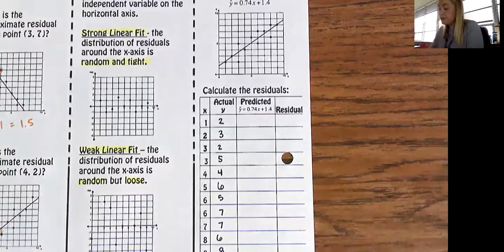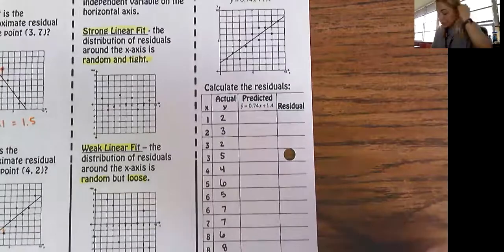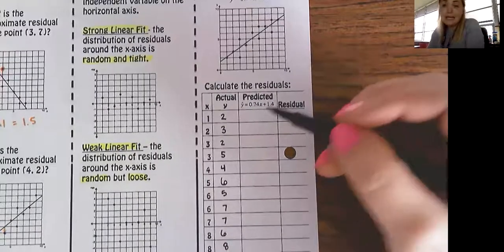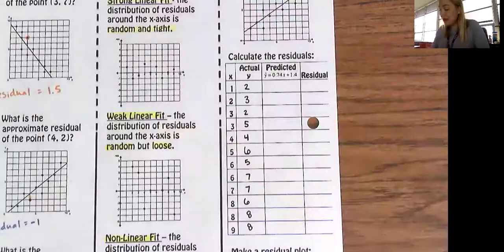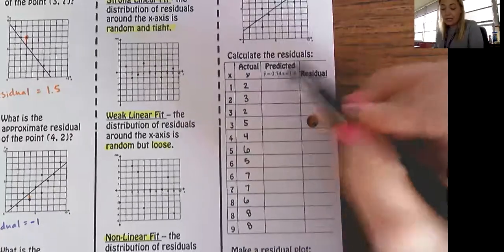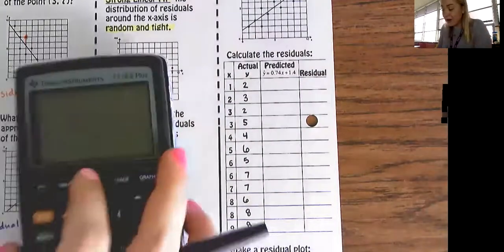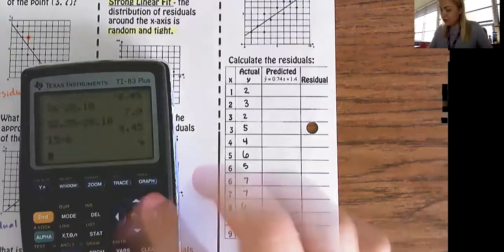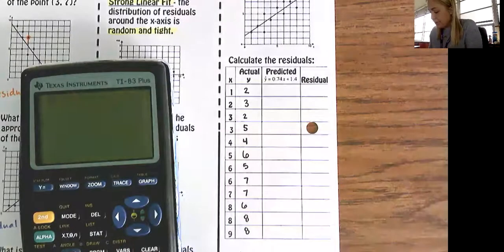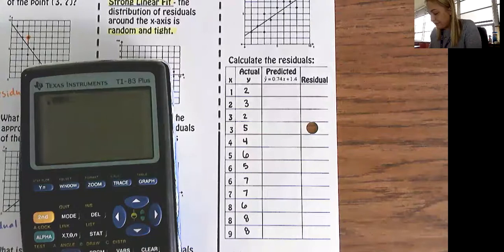Okay, so you should have gotten these for your actual amounts. And now let's look at our predicted. So our predicted, we're using this equation and we are using our input of X. So I know that my first one will be 0.74.